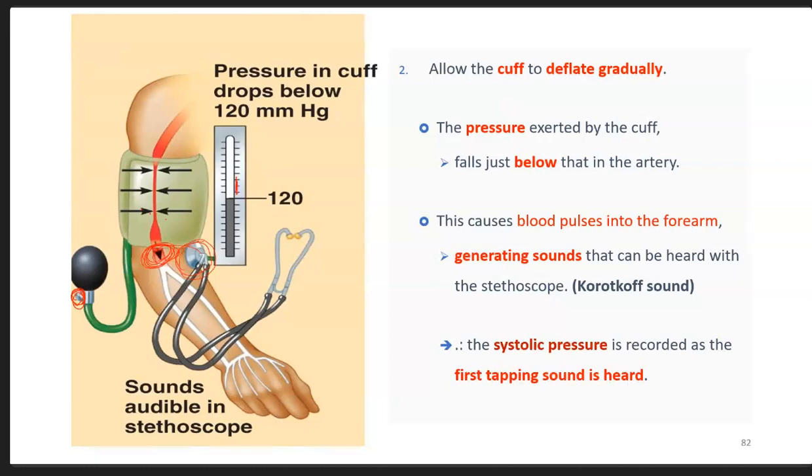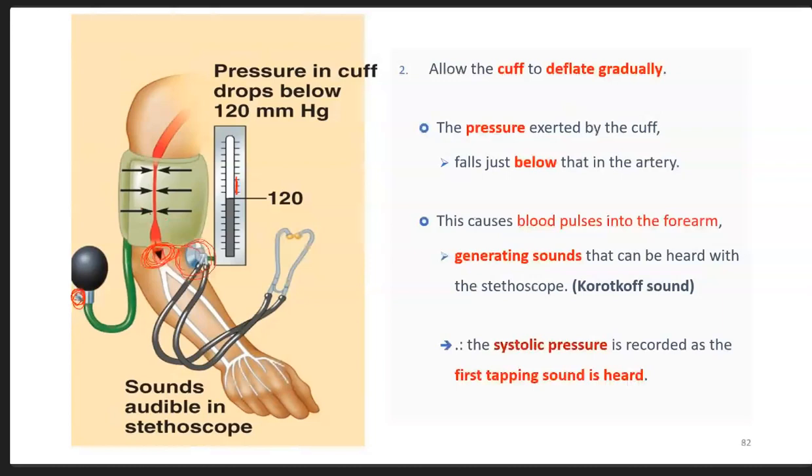So allow the cuff to deflate gradually, so the pressure exerted by the cuff falls below that in the artery. Let it go down. Open the valve slowly, and the air inside the cuff will slowly come out. The pressure exerted by the cuff against the blood will slowly be released, and the blood will start to flow slowly.